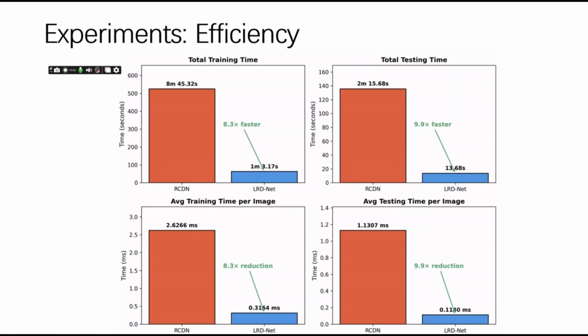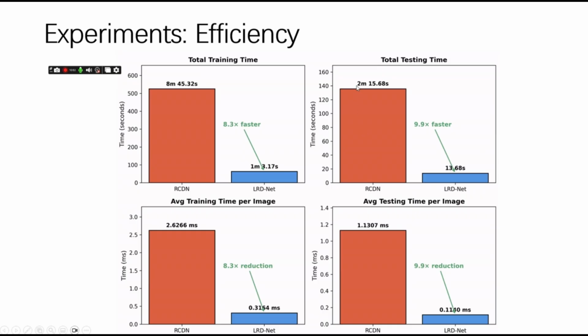And for our model, we also want to make it lightweight, so we also examine the efficiency of our solution. We compare our efficiency with the RCDN algorithm, and it demonstrates we have almost 8 times faster training time, and the testing time is almost 10 times the original efficiency.